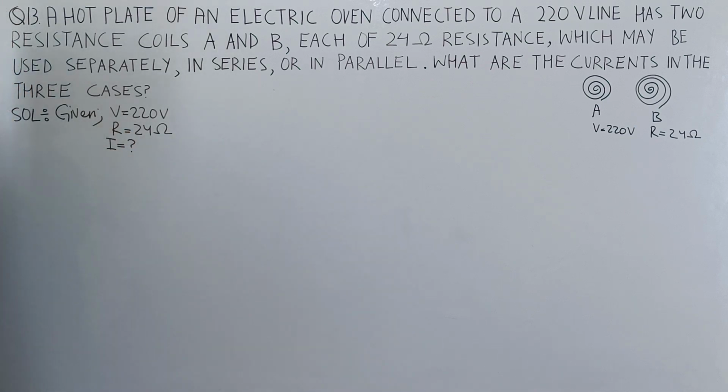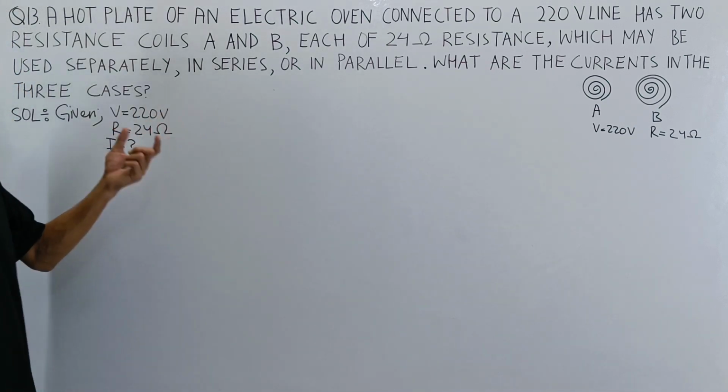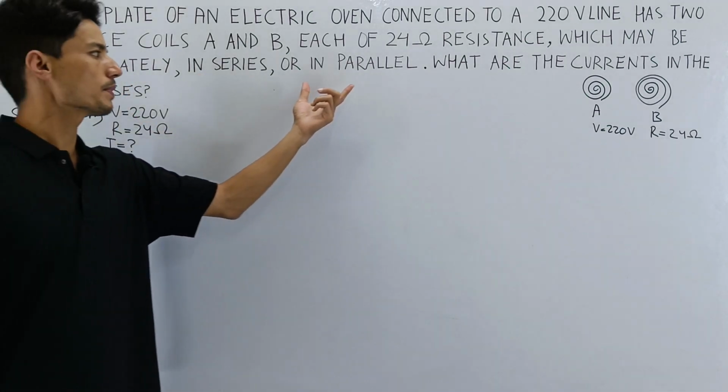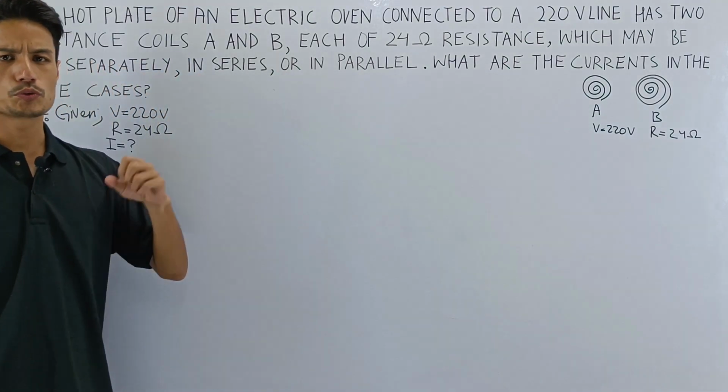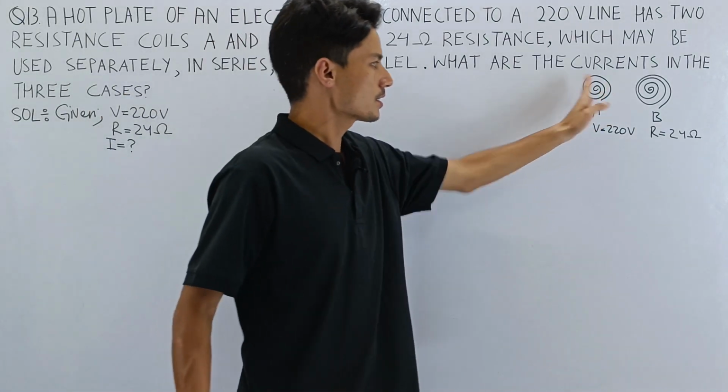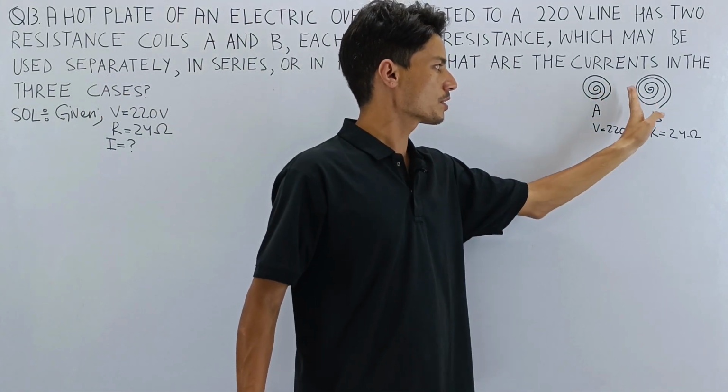We are supposed to find the current when the plates are used separately, when the plates are used in series, and when the plates are used in parallel. What do I mean by this? When used separately, A is used separately, B is used separately.